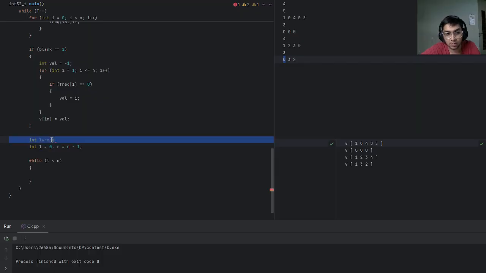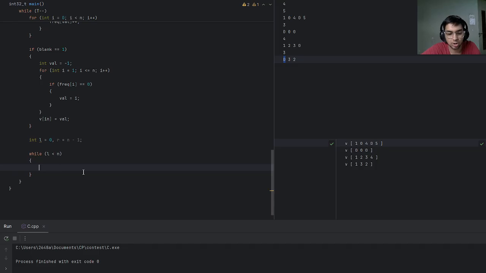Actually, it will work for the norm. That's exactly it. So, no, if you say V of L, V of L is not equal to L plus 1.